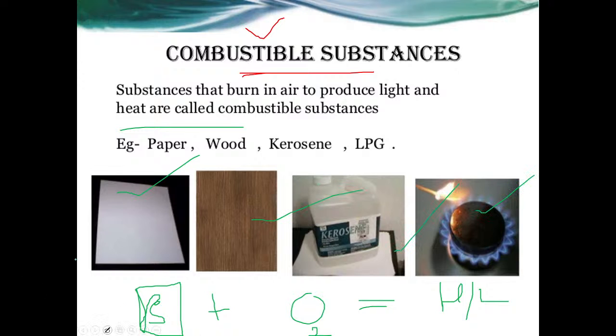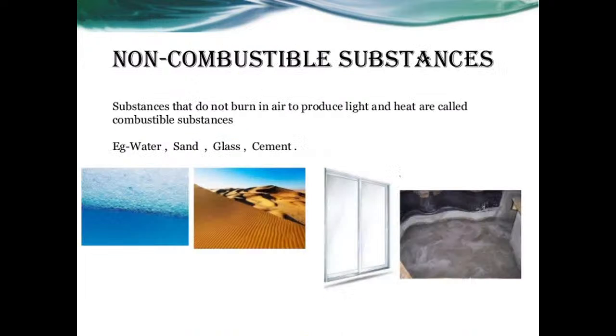When you were small, you might have put paper on fire and seen it turn into ash color. That is, it burns. Even LPG, kerosene, petrol, and diesel are examples of combustible substances.